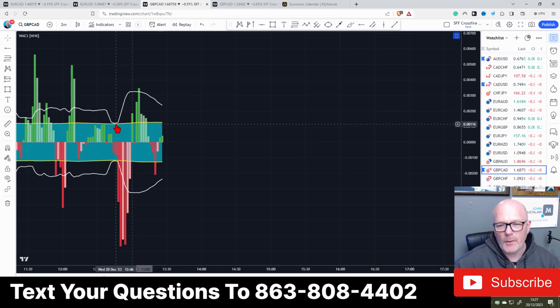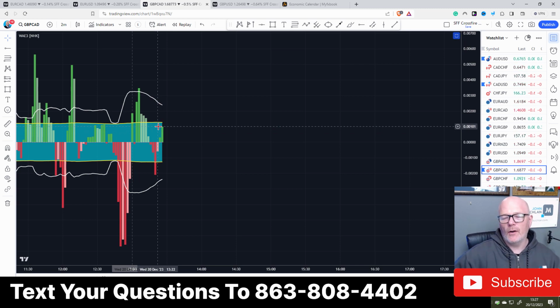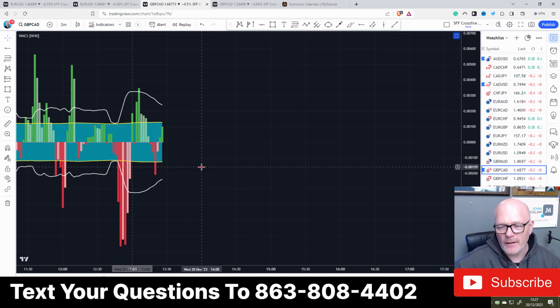When the explosion line is moving away from the dead zone, it indicates strength, and when it starts to hover off and then go back down again, it indicates weakness. Right now we've got a little bit of strength building for the buys, but we're still inside the dead zone. So we're not really interested in taking anything right now, because we've got a bit of a fight between buyers and sellers.